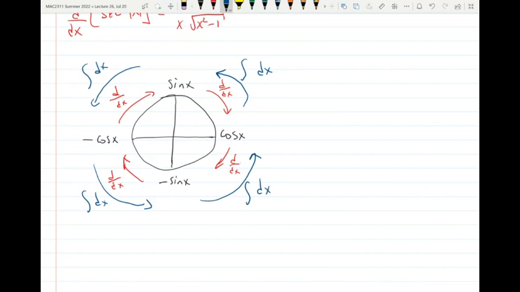So the integral of sine is negative cosine. The integral of cosine is sine, and so on. Okay? So if you find yourself having trouble remembering the formulas for the integrals of sine and cosine, just think about this picture and realize that clockwise is derivative, because when you move clockwise, sine gives you cosine, and cosine gives you negative sine. So that tells you that you're doing derivative.